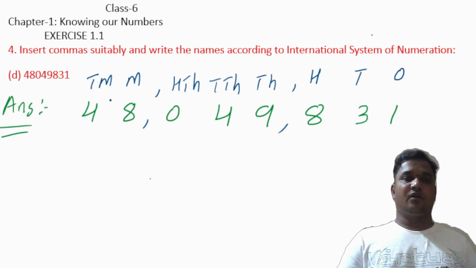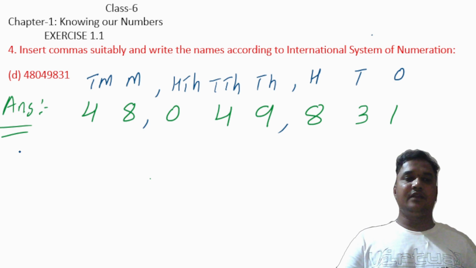So here now we will write in words. 48 is in the million place, so that is 48 million. There is nothing in the 100,000 place, but in the 10,000 place 4 is there, in the thousand place 9 is there. So that is 49,000. In the unit places 831 is there, so that is 831.